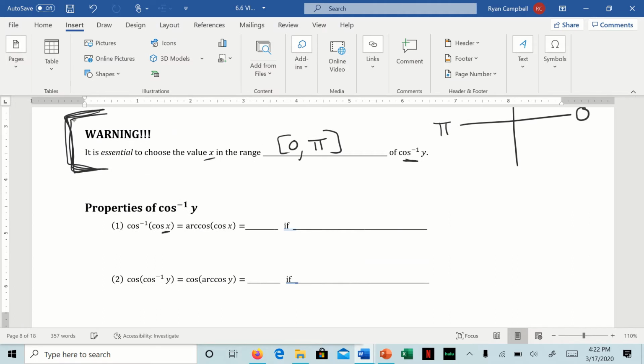If you plug x into cosine and then the inverse, you should end up with x, so long as x is in that range of 0 and pi. I guess if we wrote it correctly, that's what we would say. And then, of course, if you plug y into the inverse and then back into cosine, you should just end up with itself, so long as you're between 1 and negative 1.